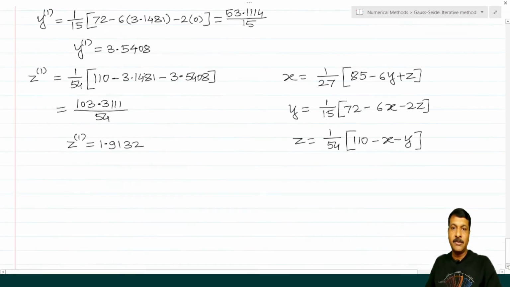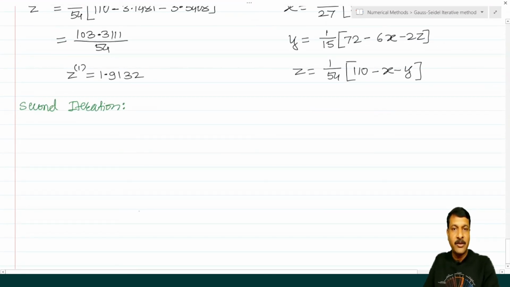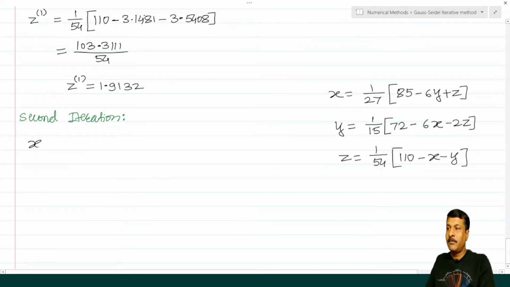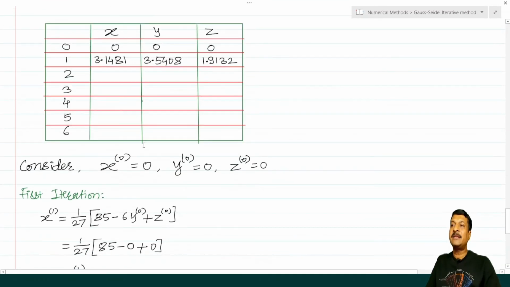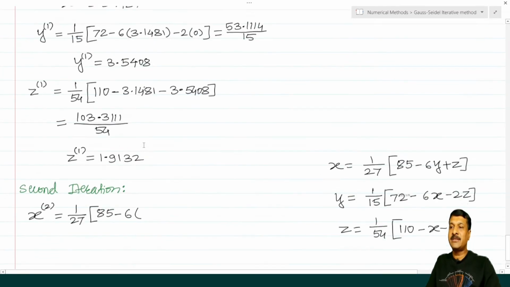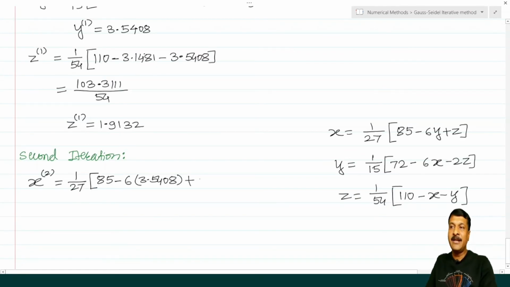Now second iteration. Note that numerical methods are easy but so lengthy. So time management also important in exam. Now value of x at second position by using recent values of y and z. 1 by 27 in bracket 85 minus 6 into recent value of y by table 3.5408 and recent value of z is 1.9132.